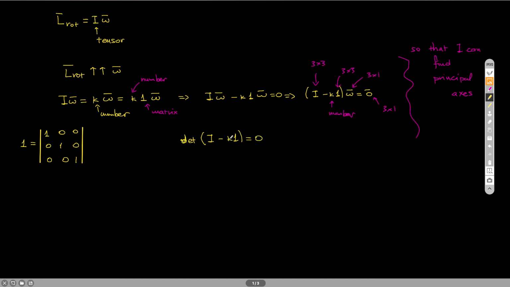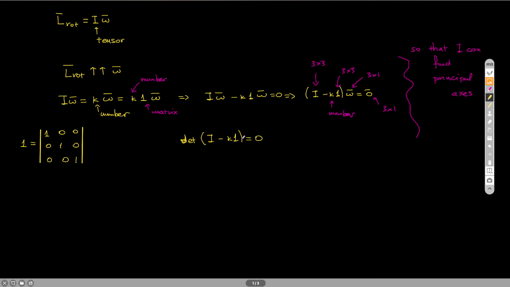Because if this determinant is not 0, then you can find the inverse of this, and essentially your omega will give you 0, 0, 0. And 0 is not a helpful solution. So the determinant needs to be 0.